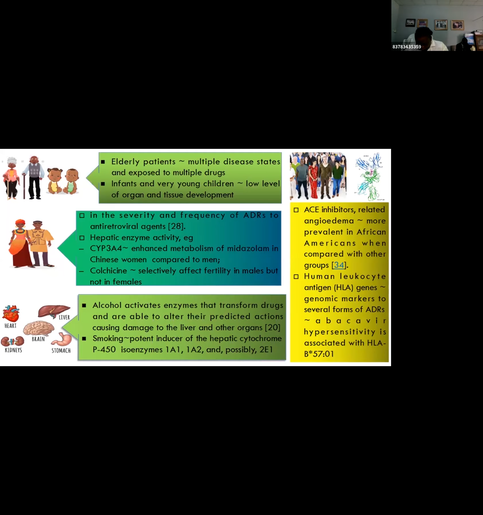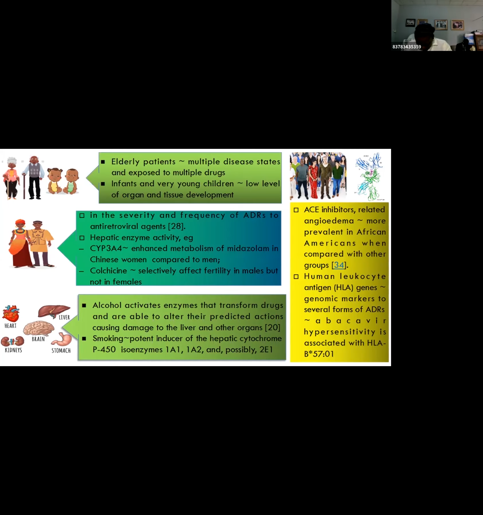Then we look at ethnicity and the presence of genetic markers that could affect these particular agents. Specifically, ACE inhibitors have been known to be associated with angioedema. But this association is more prevalent in African Americans when you compare that with other ethnic groups.